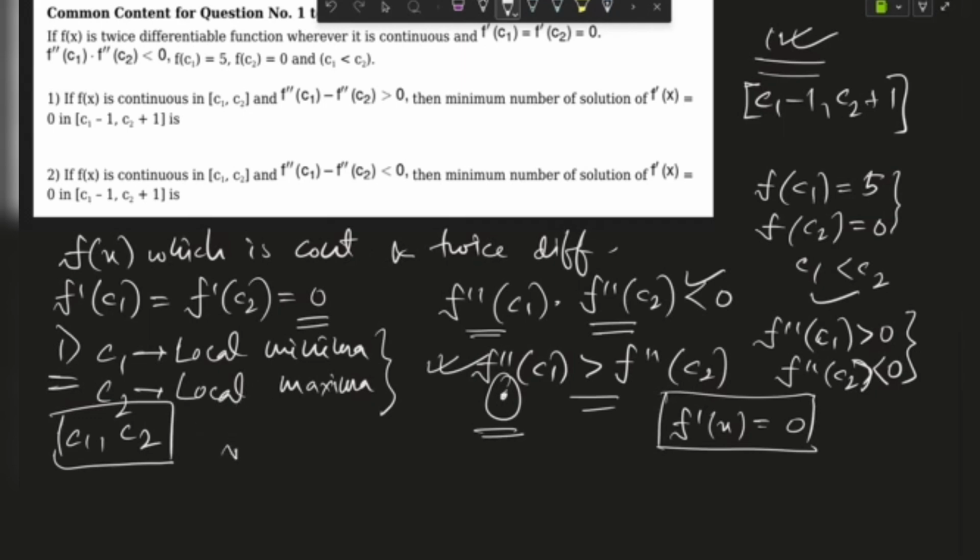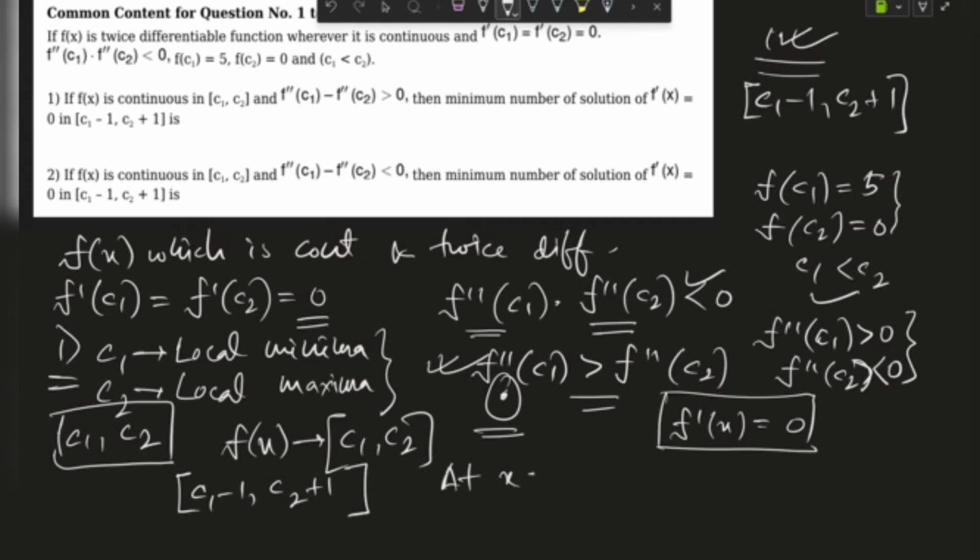But f of x is actually continuous in between c1 and c2 only, and the interval in which we have to solve is c1 minus 1 and c2 plus 1, which means that at x equal to c1 minus 1 and x equal to c2 plus 1, at these two points this function will actually become discontinuous, right?